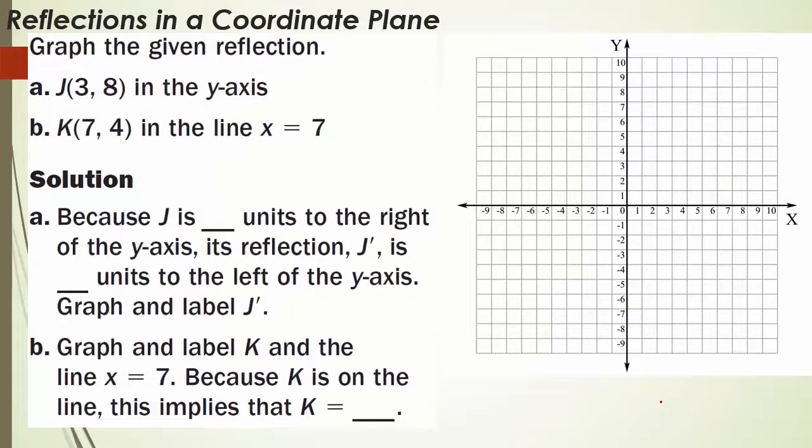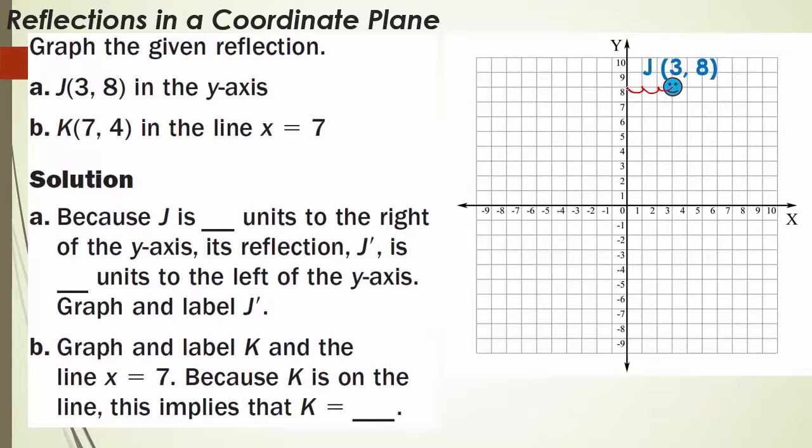Example 1, reflections in a coordinate plane. Graph the given reflection. A, J at 3, 8 in the y-axis. So what we need to do is reflect the point 3, 8 across the y-axis. So let's first plot 3 and 8. There we are. And notice we are 1, 2, 3 points away from the y-axis.